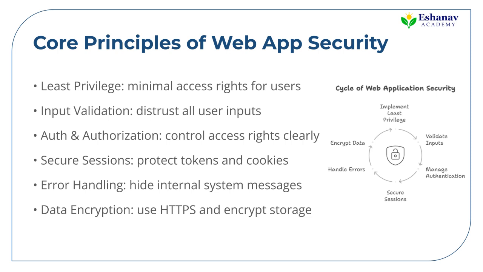These control who gets in and what they can do. Secure sessions means your tokens and cookies must be protected, not exposed. Error handling should be silent to outsiders. Don't reveal internal errors that hackers can use. Finally, data encryption ensures your info stays safe in transit and when stored.